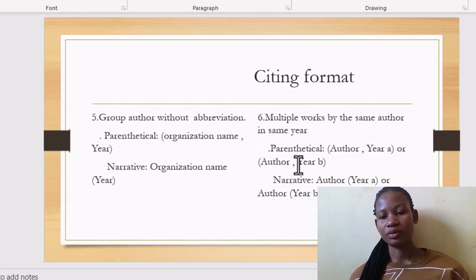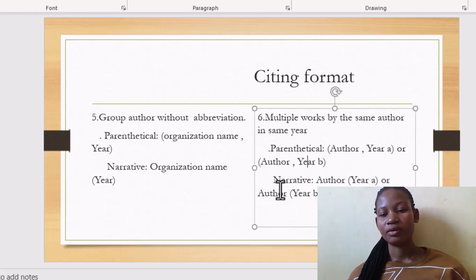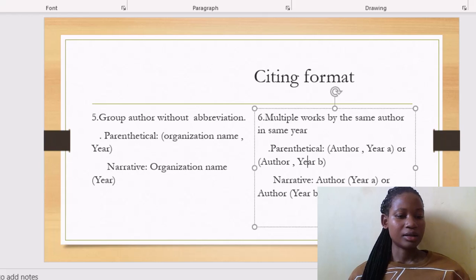For the parenthetical, we shall put the name of the author plus the given year into the bracket, or we talk about the same author and then we put them into the bracket, but we shall separate the years by putting year A and then year B. As you have seen, we have here in brackets author, then year A, or author, year B. And then for the narrative format, we shall have author, and then you put the year A into the bracket, or you can decide to talk about the author and then you put the year B into the brackets too. That's all for that.